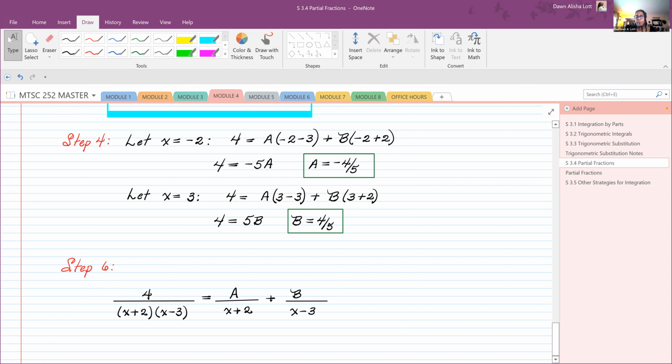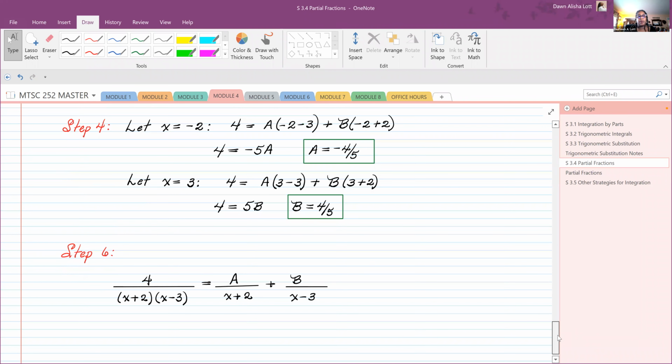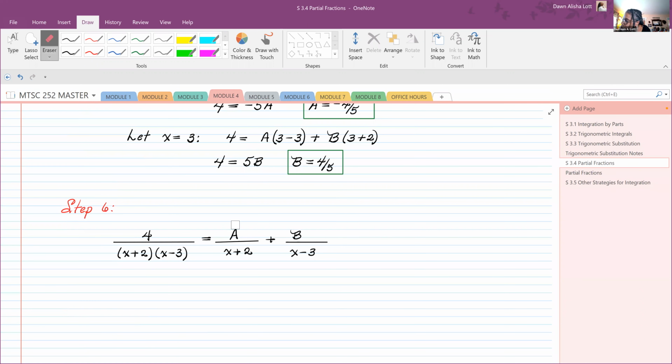So we said A was -4/5 and B is +4/5. Okay. So therefore, let's integrate.